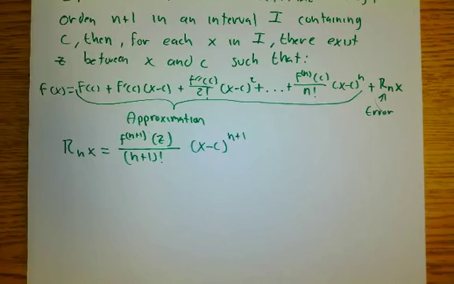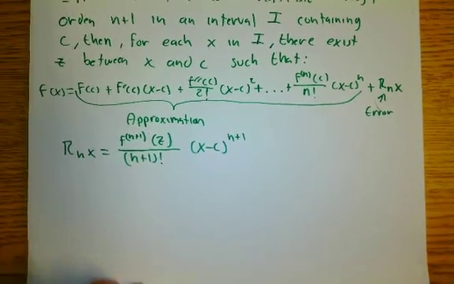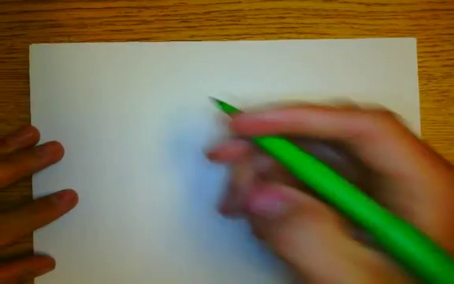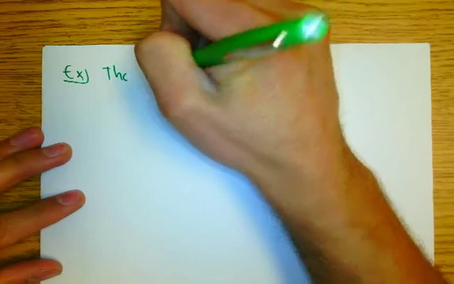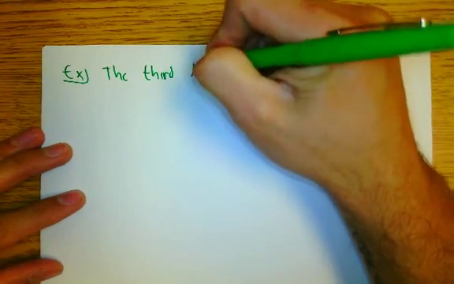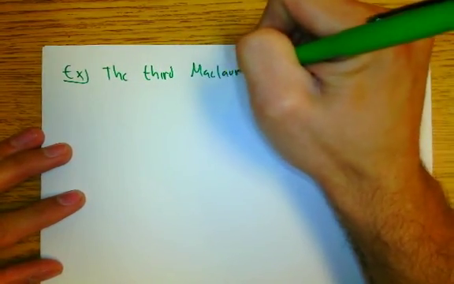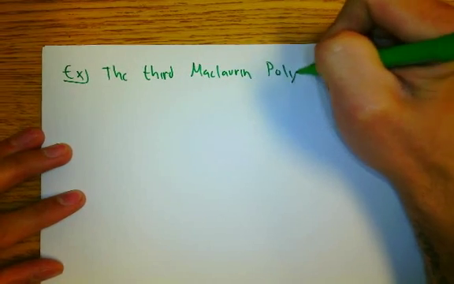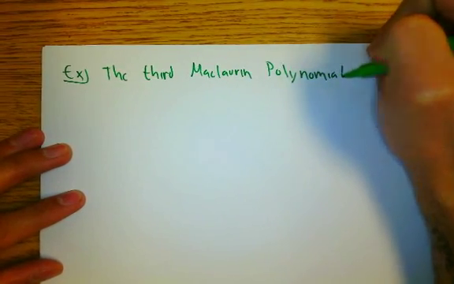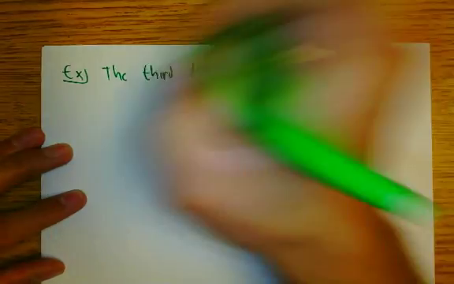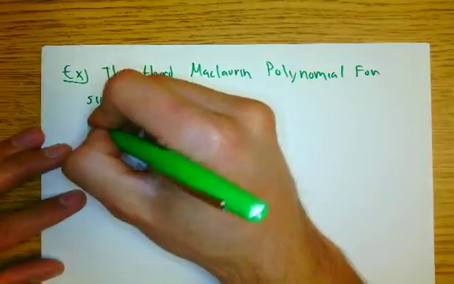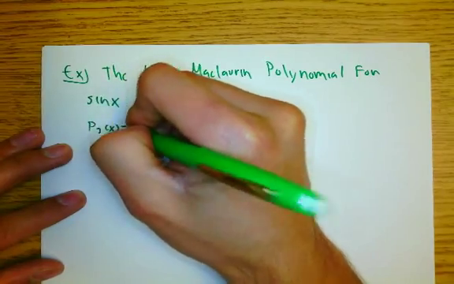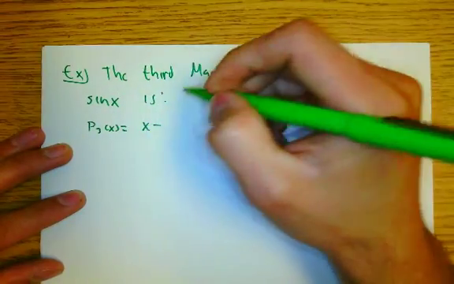The third Maclaurin polynomial for sine of x is the following. So you're not even finding it. There it is. It's given to you.